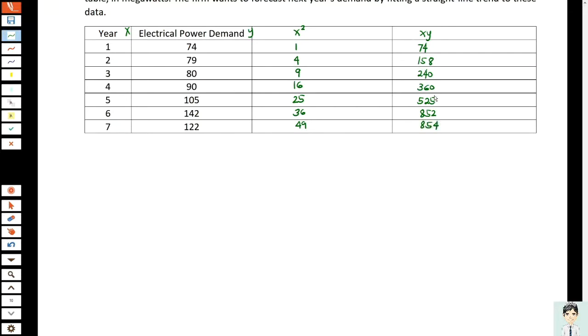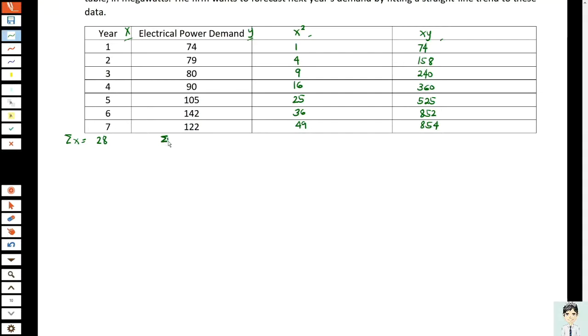Okay po. So, kunin natin yung summation ng x, yung total ng y, yung total ng x squared, tsaka yung total ng xy. Summation niya is equals to ilan to? Summation of x is 28. 1 plus 2 plus 3 plus 4 plus 5 plus 6 plus 7 is equals to 28. Ano yung sum naman nito?